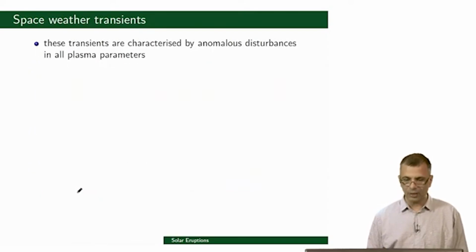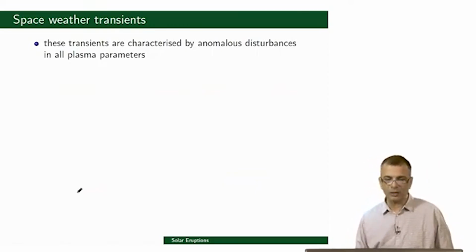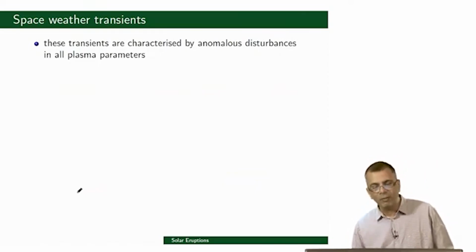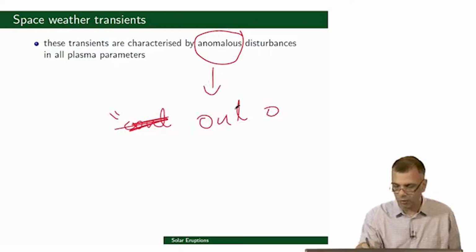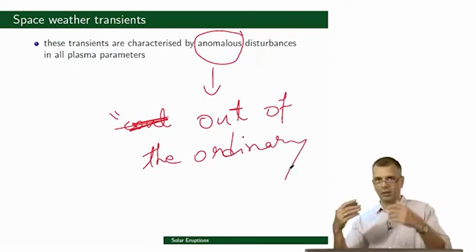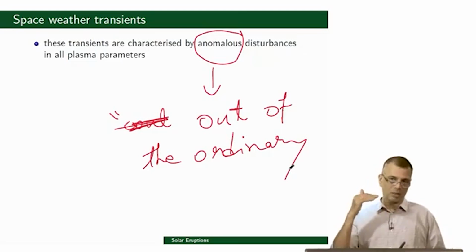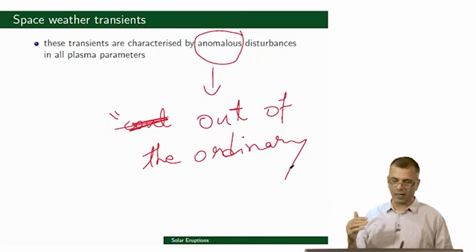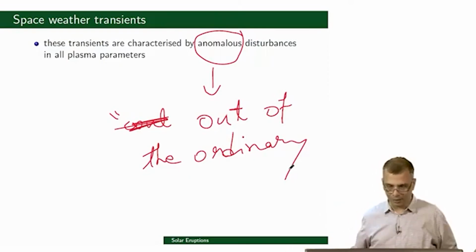Okay, and what is it? So what are these space weather transients? Well, these transients are essentially characterized by anomalous, I emphasize the word anomalous, meaning out of the ordinary. As in the plasma in the immediate vicinity of the Earth, just above our atmosphere, say from the ionosphere upwards, it has a certain steady state configuration.